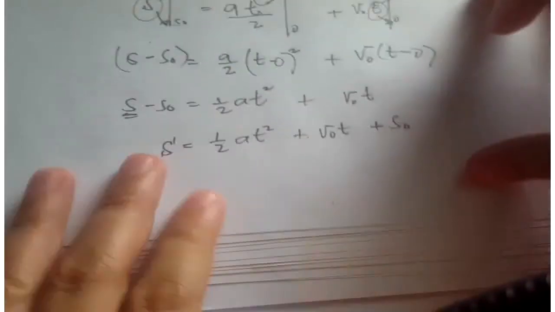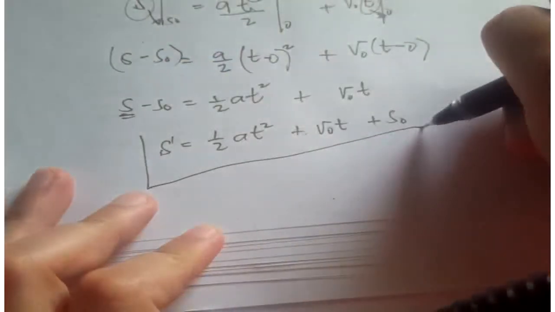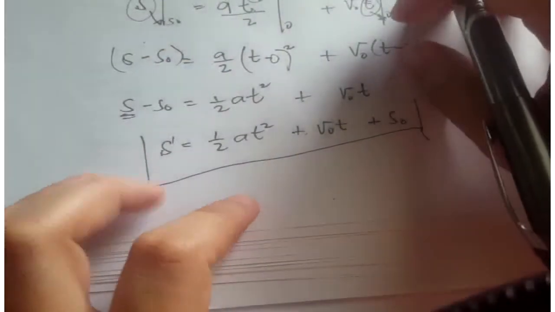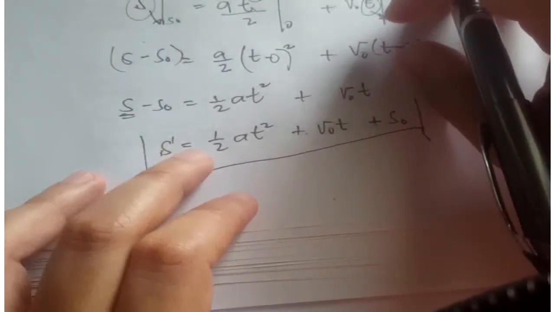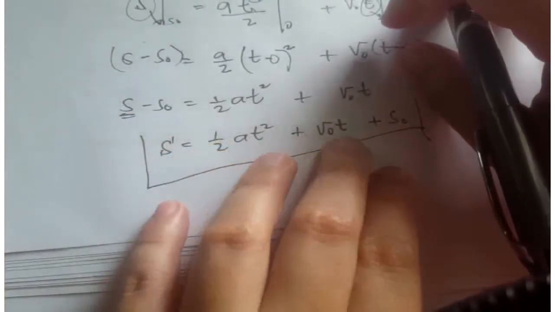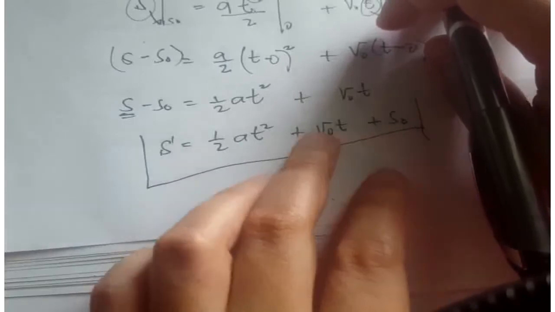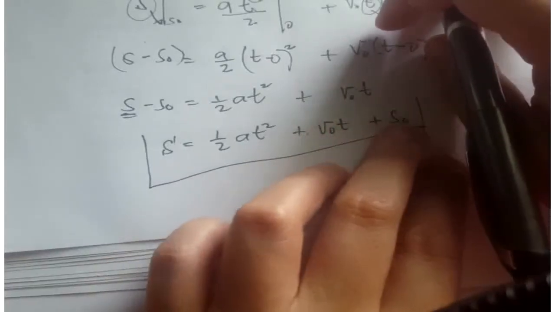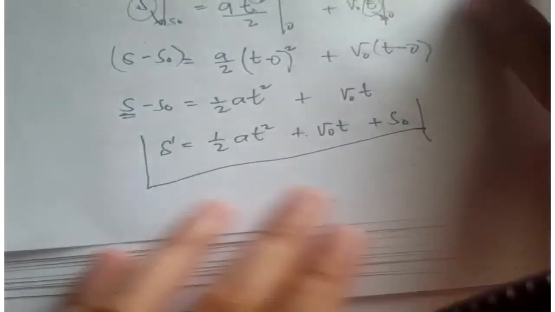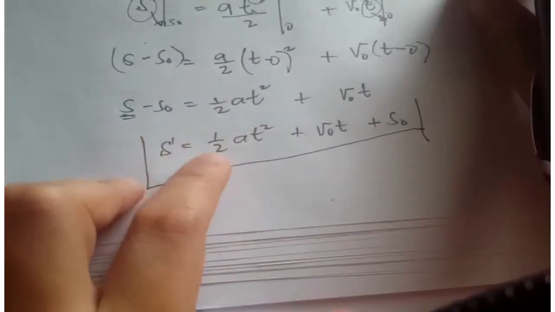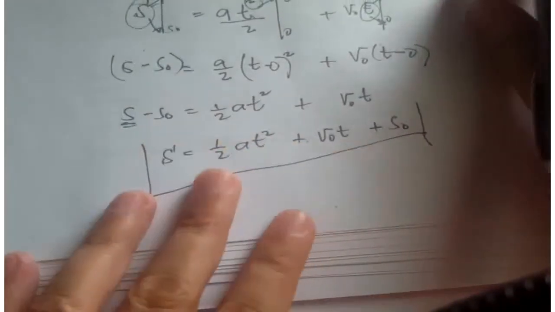The formula we derived is just position equals 1/2 a t squared plus v sub 0 t plus s sub 0, where v sub 0 is the initial velocity and s sub 0 is the initial position.